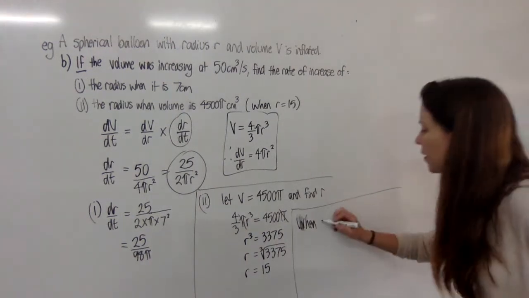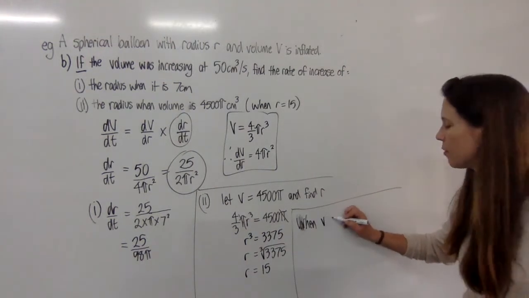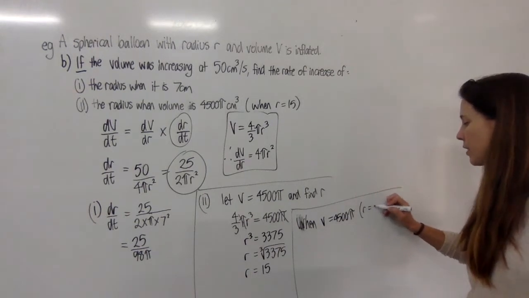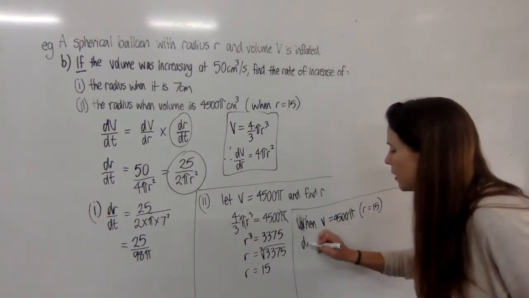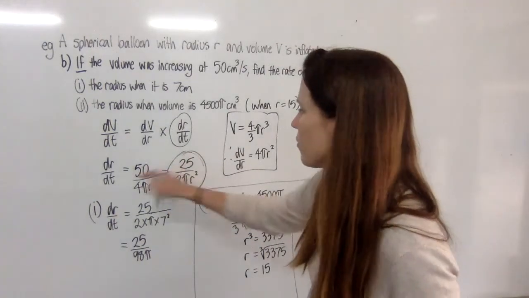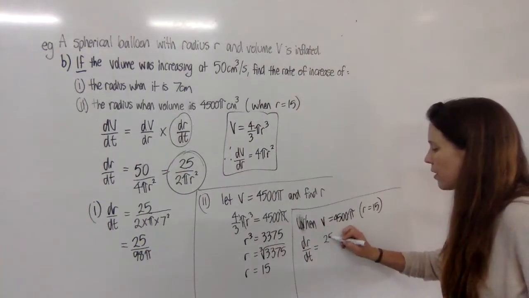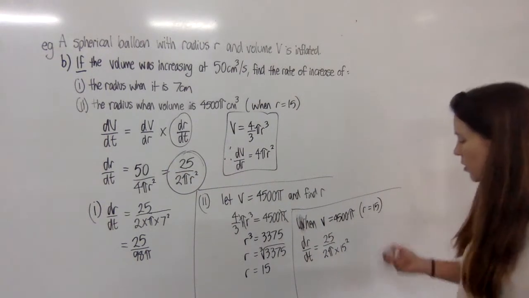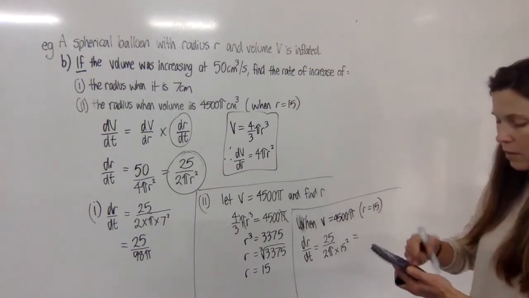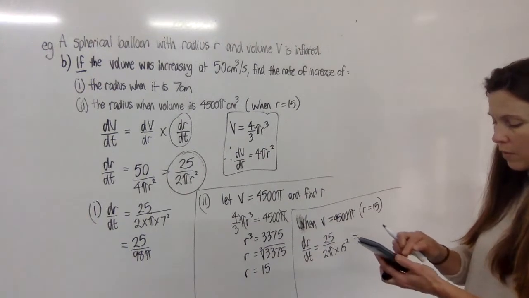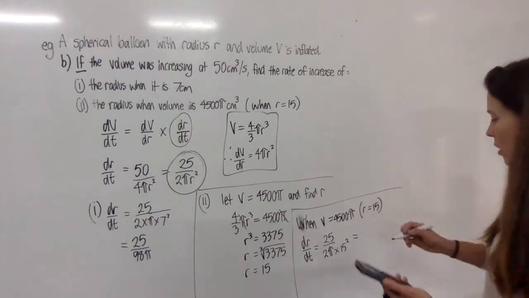So now I can say, when volume equals 4500 pi, brackets r equals 15, dr/dt is equal to, and I've got my formula here for dr/dt, it is 25 over 2 pi times 15 squared, and that gives me, well, let's just do the 25 over the 2 times 15 squared first, so we can tidy up the fraction.